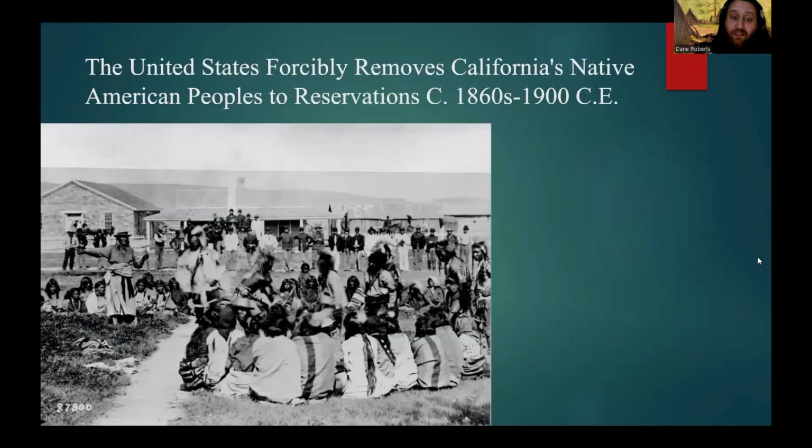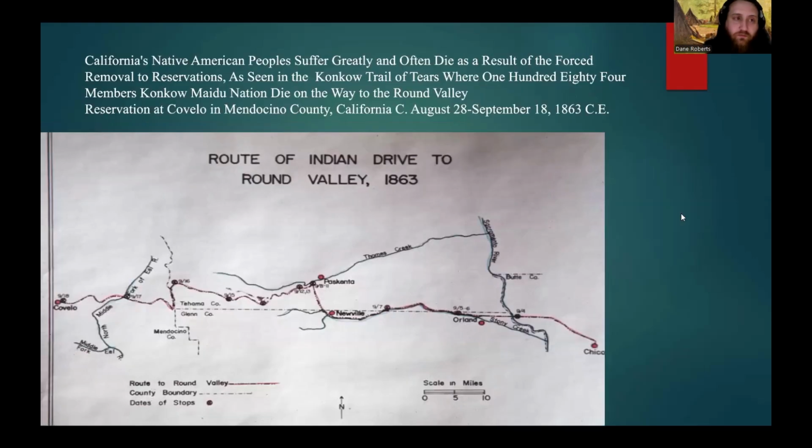So, starting in the 1860s and well into 1900 CE, with the 20th century, the United States would forcibly remove California's Native American peoples to reservations.